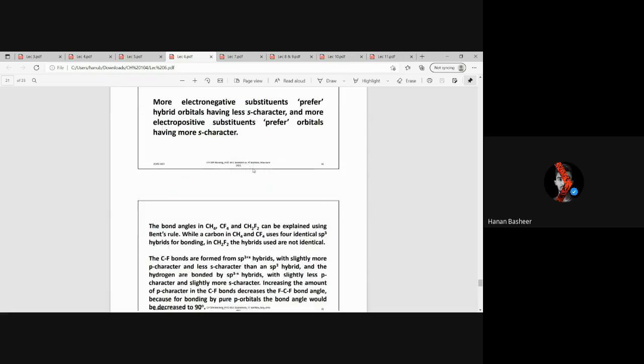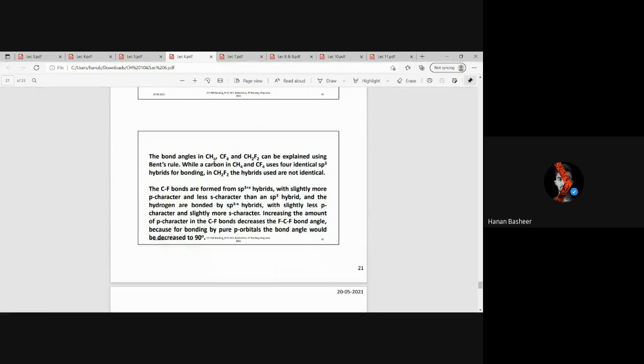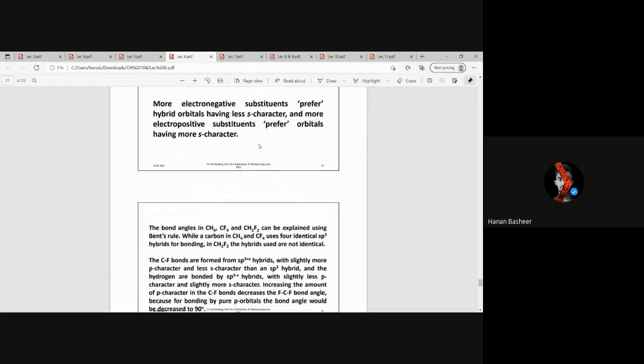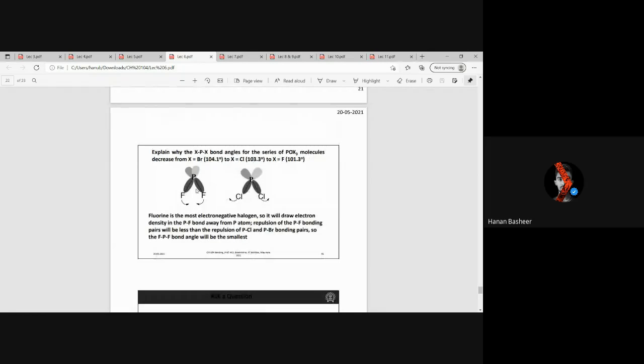Consider the bond angle in CH4, CF4, and CH2. This can be described by Bent's rule: hydrogen, since it is less electronegative, will prefer the orbitals which have more s character. Similarly, in case of F, it will prefer the orbitals which have less s character. And this will describe the bond angle as well.